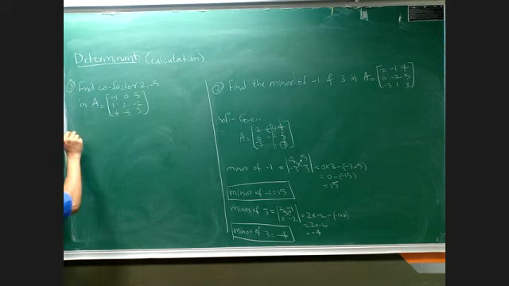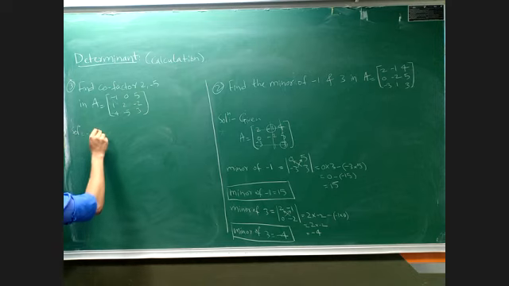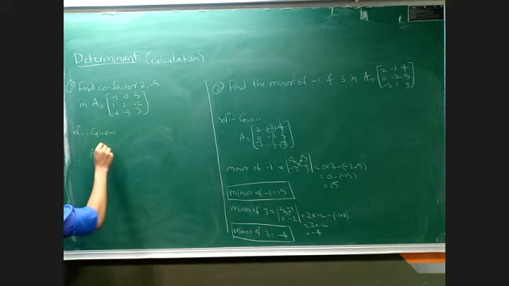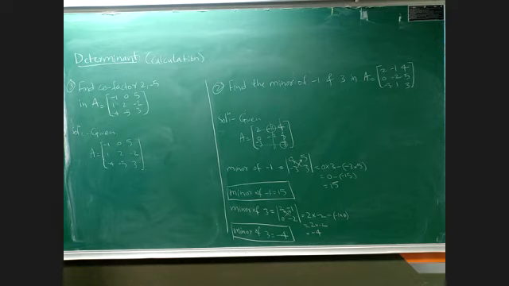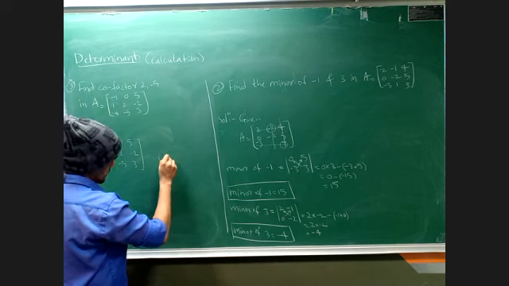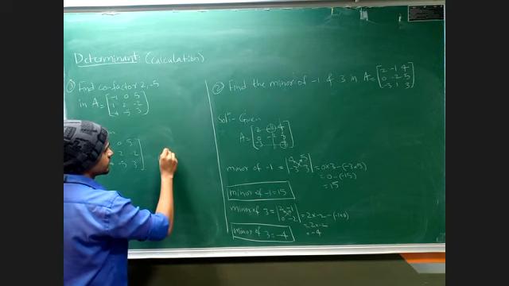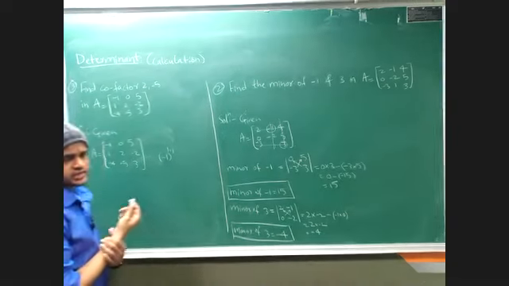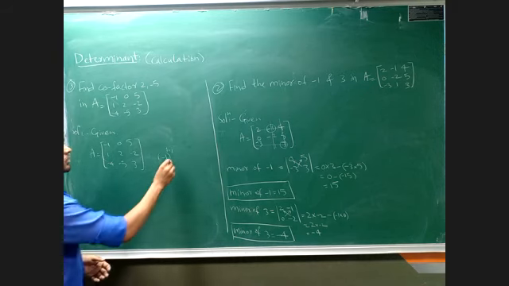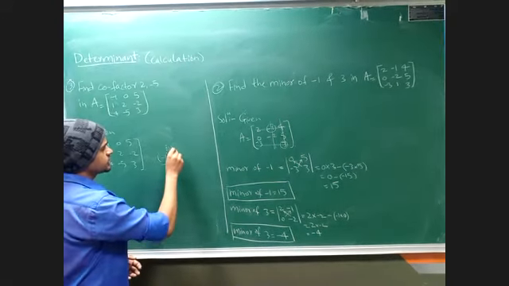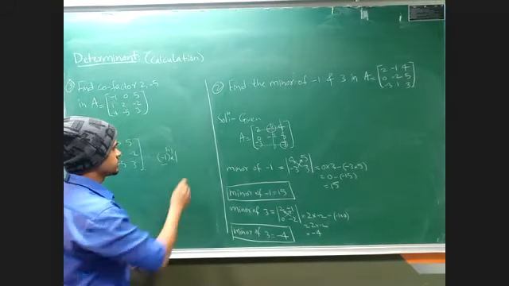So let's get the solution. The given matrix is -1 0 5, 1 2 -2, -4 -5 3. In a cofactor we multiply (-1) power i plus j, where i is the respective row and j is the respective column, with the corresponding minor.